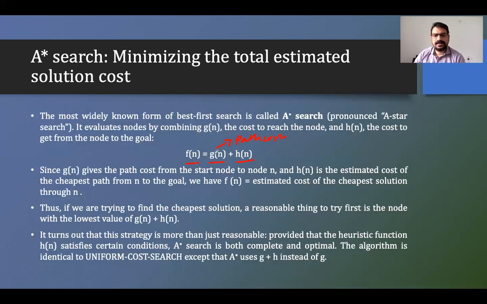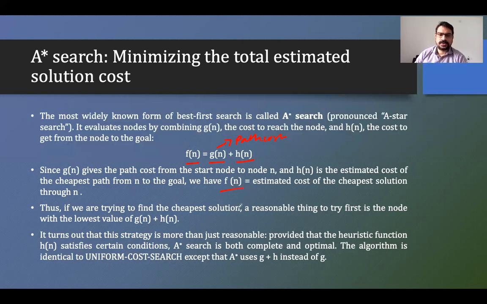By adding these two, f(n) will be calculated. f(n) is the estimated cost of the cheapest solution through n, and based on this f(n) value, we'll choose the next node to explore.